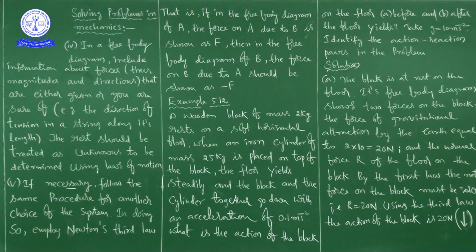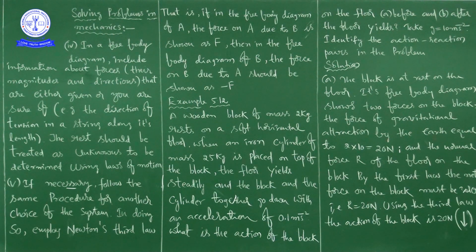The second point is choose a convenient part of the assembly as one system. Here we have to use our own experience, our own knowledge. If you want, you can take one body as a system. Otherwise, by combining 2-3 bodies, you can take them as a system. Next, the third point is we have to draw the free body diagram.